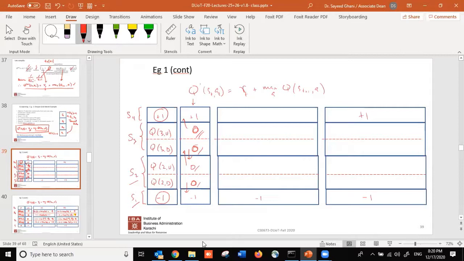So what would the new value of Q3 taking the up action be? Any suggestions? So it would be +1 because the maximum of Q will be 0, basically.